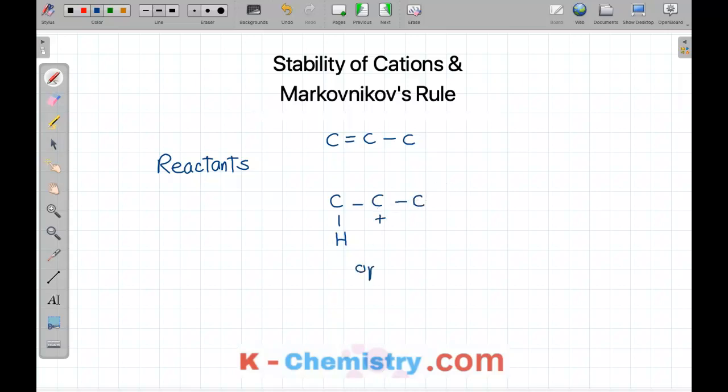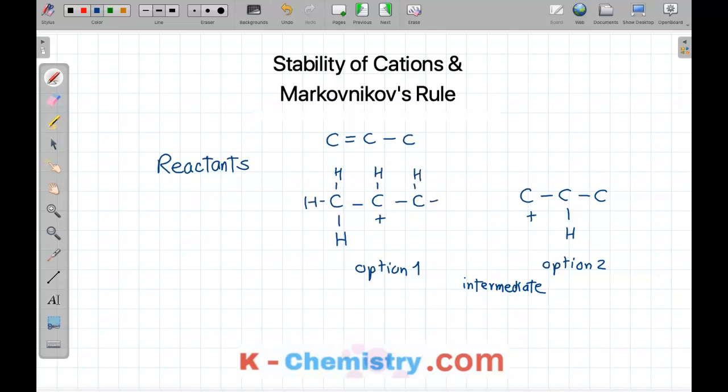This is option number 1, and the other carbon might be the carbon that's connected to the H, and this one forms the carbocation, so this is option number 2. Both of them are intermediates, both of them will interact to form the final product, but for the time being they are unstable and they should form the final product later.